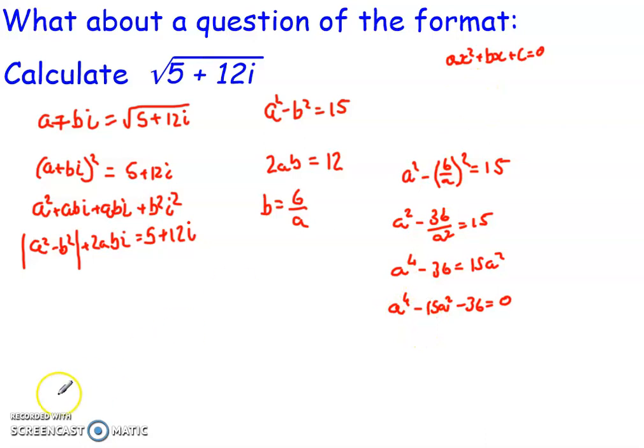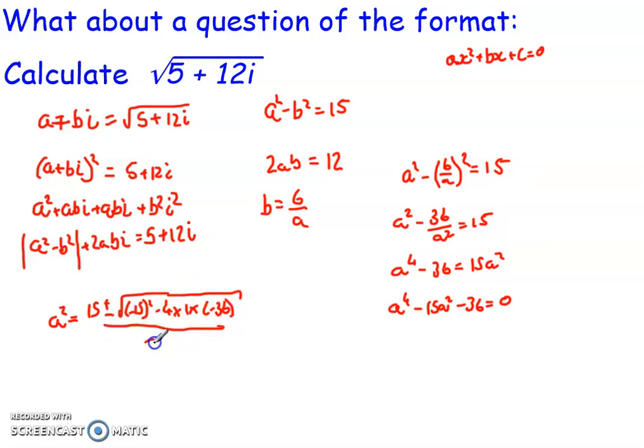So if I was to solve this using the quadratic formula, a squared equals negative b plus or minus the square root of b squared minus 4ac. So a squared equals negative b, so 5, plus or minus the square root of negative 5 squared, take away 4 times 1 times the negative 36, all over 2a, so that would be all over 2.